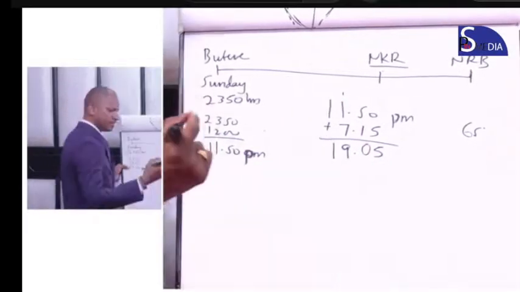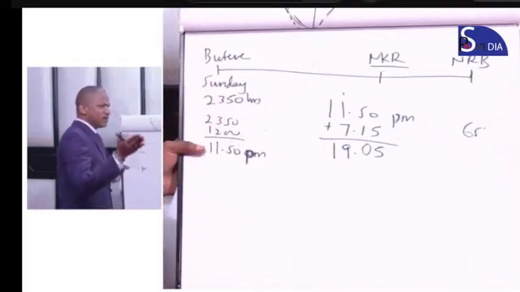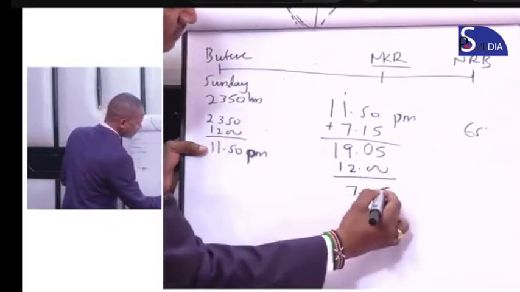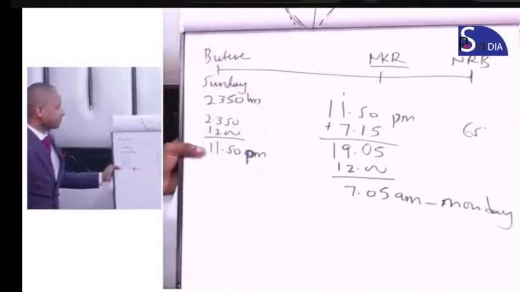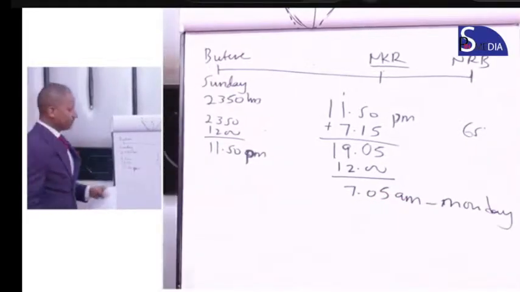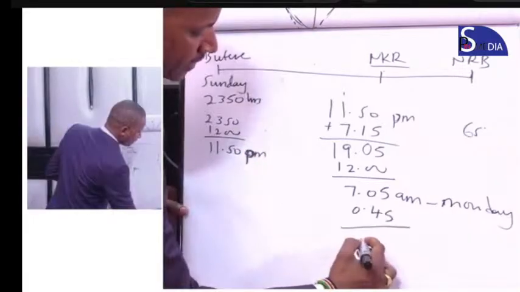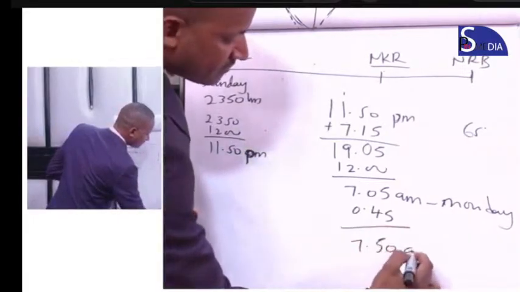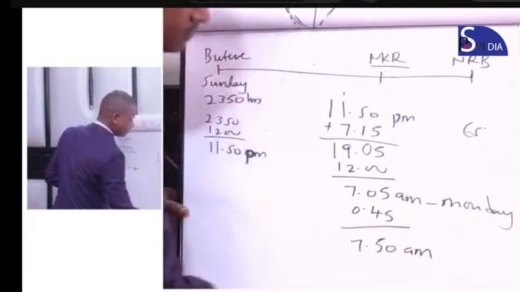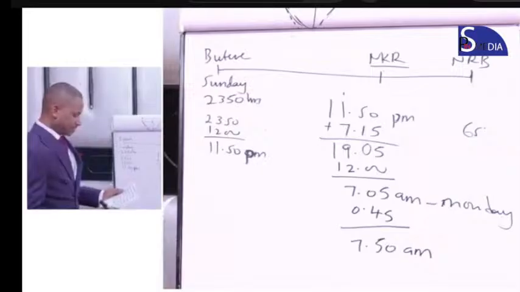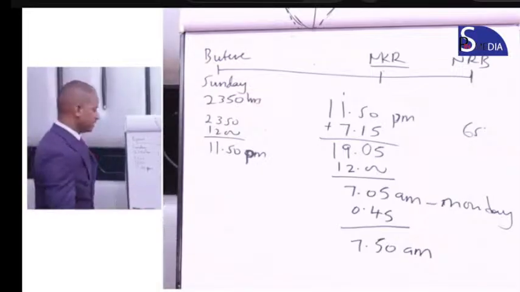So it reaches Nakuru at 7:05 AM. Then after a 45-minute stop in Nakuru, you get 7:50. So by 7:50 AM, it was still in Nakuru. Then the train took 5 hours 40 minutes to reach Nairobi.